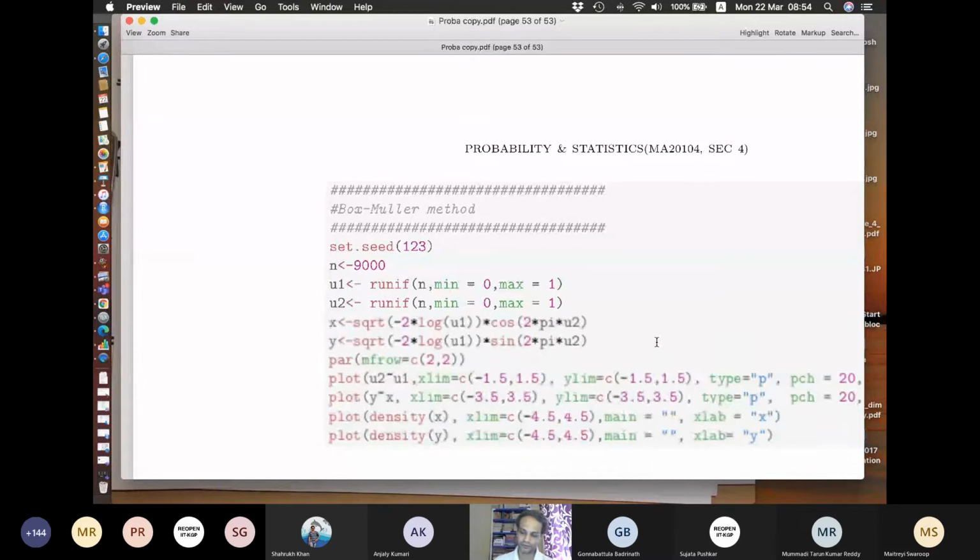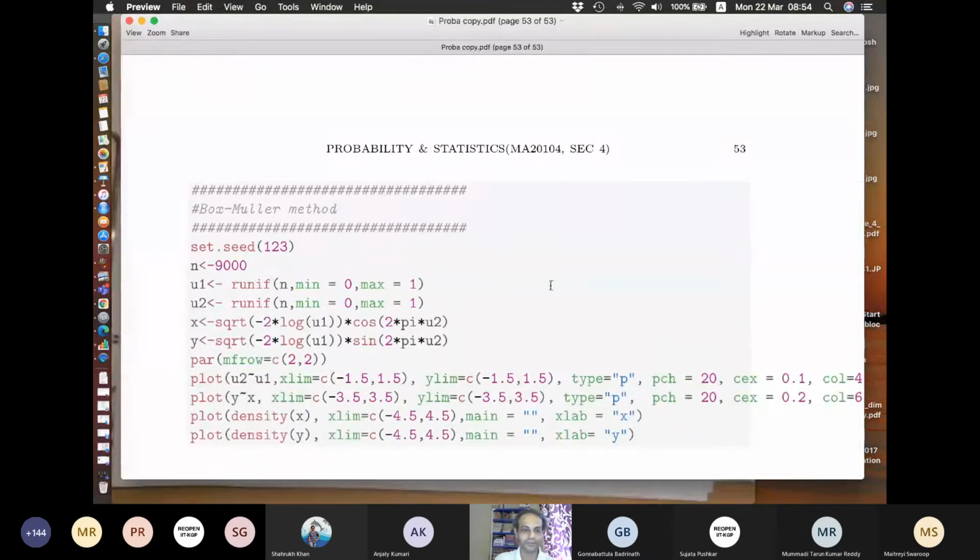Here now we are going for a few transformations, and if you try to remember whatever we have studied so far, in most of the cases we have started with the uniform distribution. Then through different transformations, we have reached certain distributions.